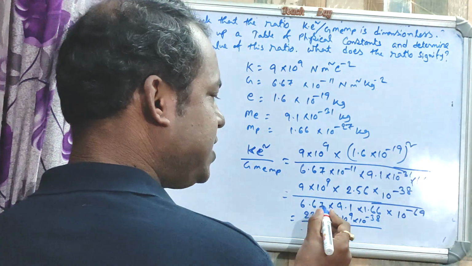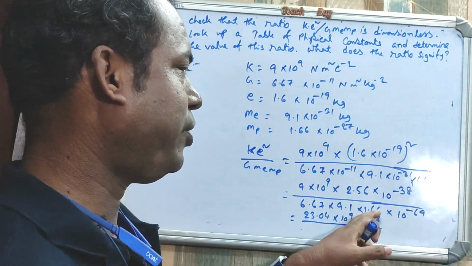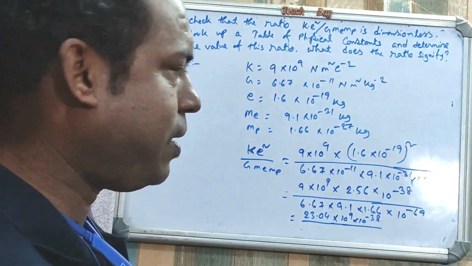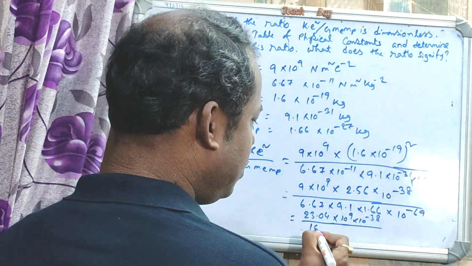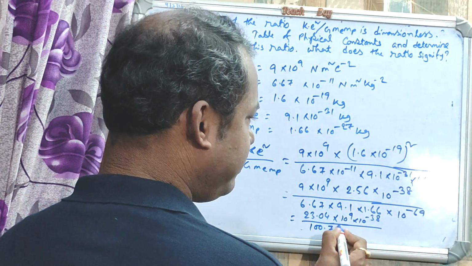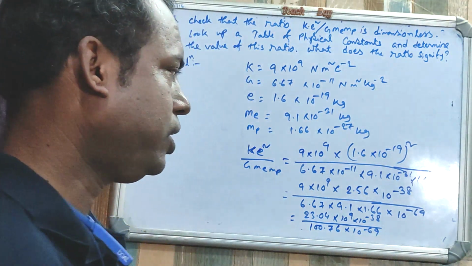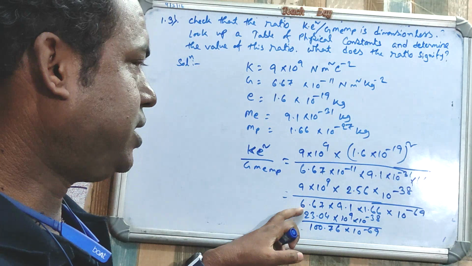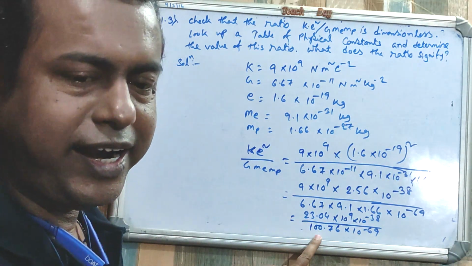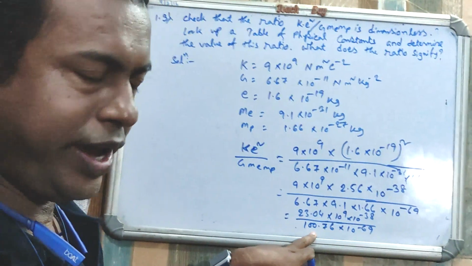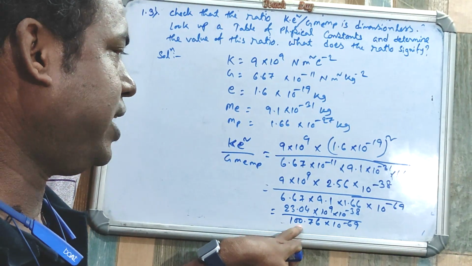Now 6.67, 9.1, 1.66, when we multiply these, the value is almost 100.76 into 10 to the power minus 69.